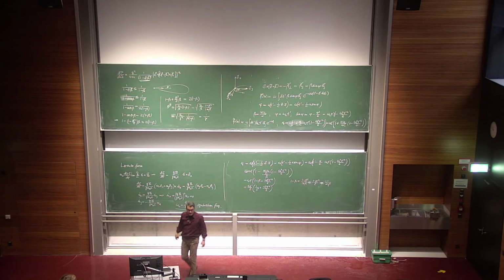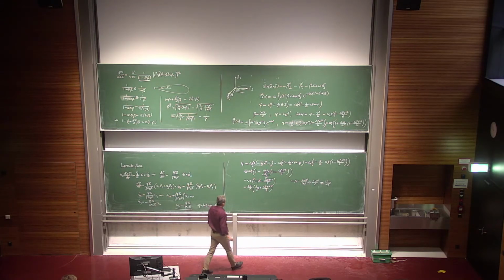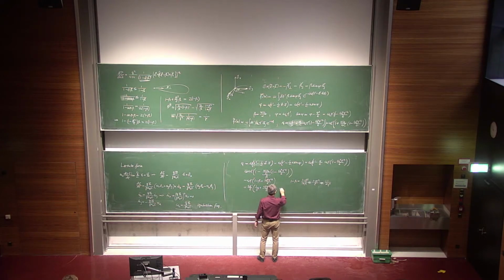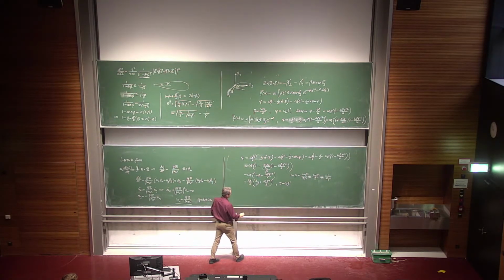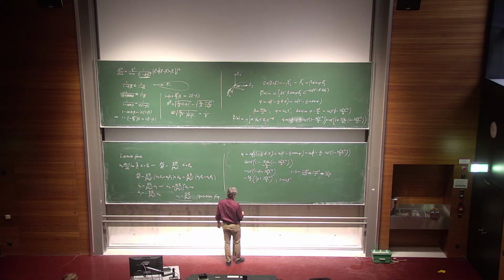Because I factored a factor of 2 out. Now I'm calling tau equals omega L times T prime. I should in fact multiply this with a gamma here. Then I have omega t prime divided by 2 gamma squared, 1 plus tau squared divided by 3.